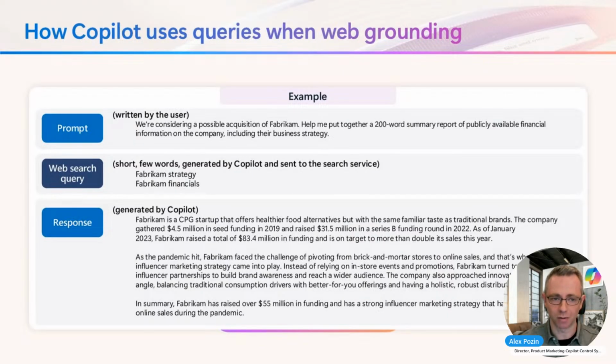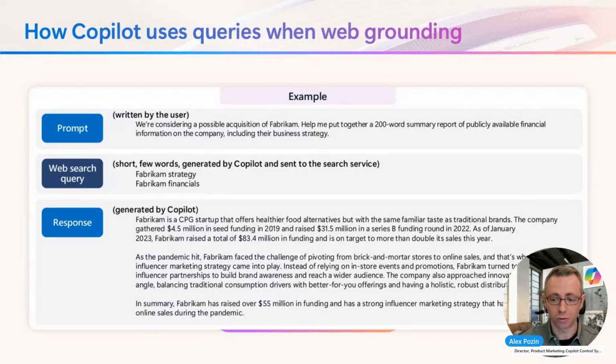Here's an example of what a prompt, a query, and a response could look like. Let's imagine that we're doing a little bit of M&A work in our organization, and we're asking Copilot that we'd like help with a summary report on financial information about a fictitious company called Paprikam. So we type in this long prompt, which is a couple sentences long. What Copilot will do is generate a short query.